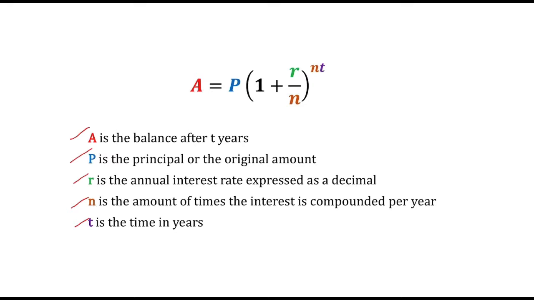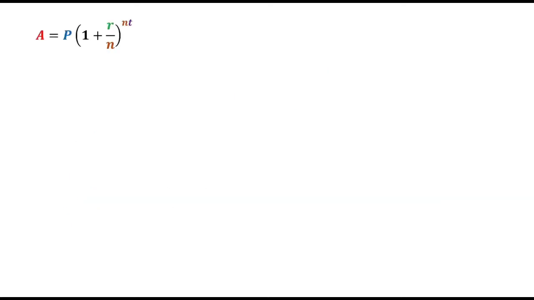So let's begin by looking for the formula of P. Here, we just have to divide both sides by the quantity. A is equal to P times 1 plus R over N raised to the power NT.